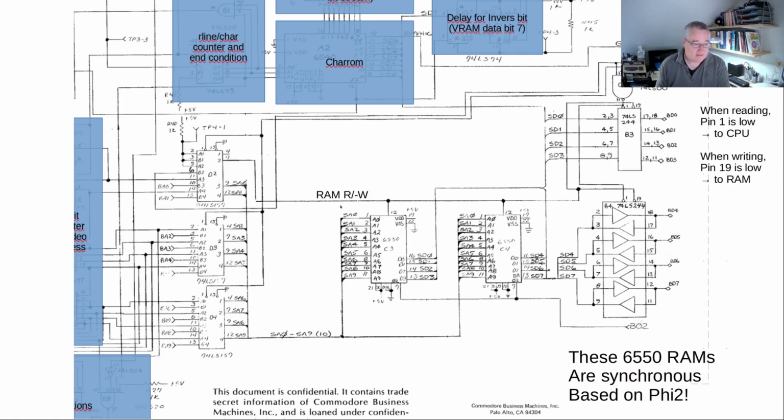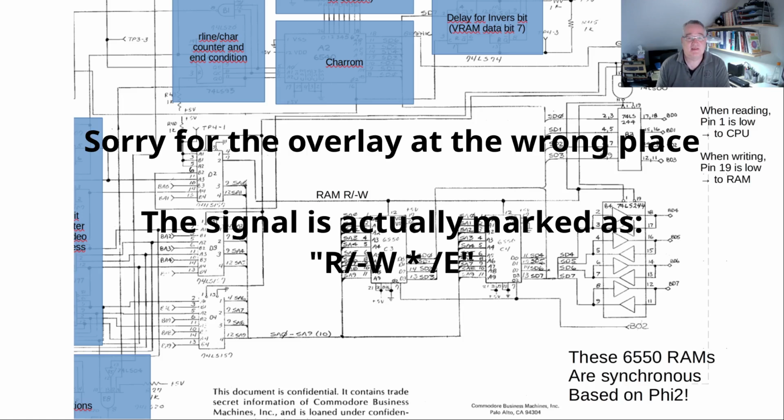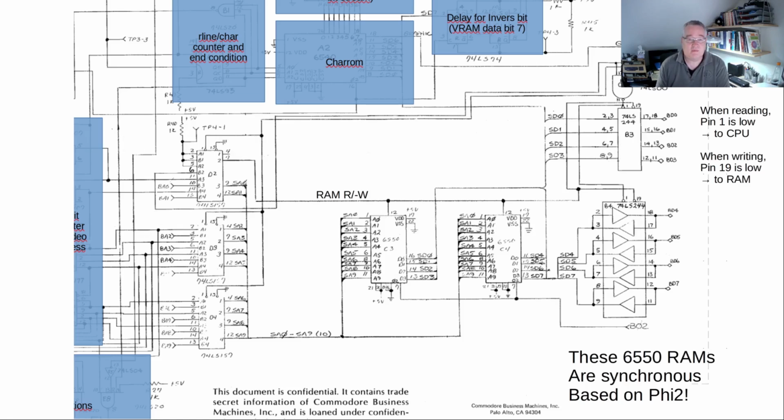The read-write line needs to be switched as well, because the video always reads, only the CPU writes. So this is coming from here, and this is actually interesting, because it's read not write multiplied by not select E, or select which is when reading, when one of those is low.